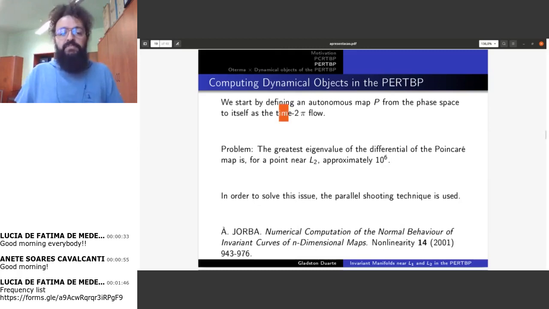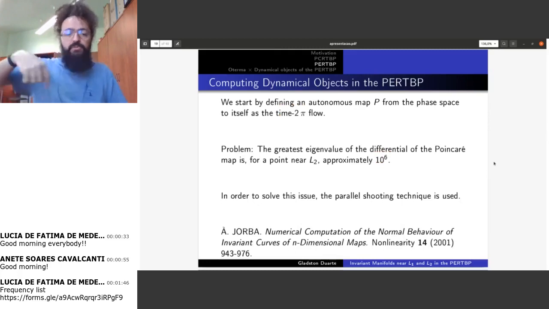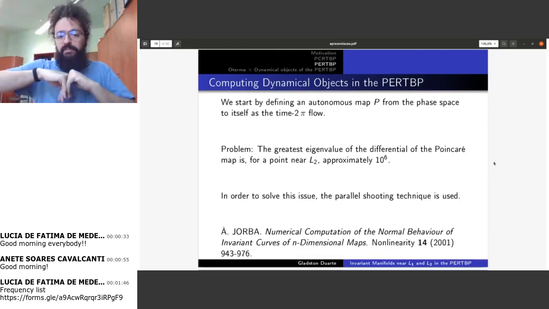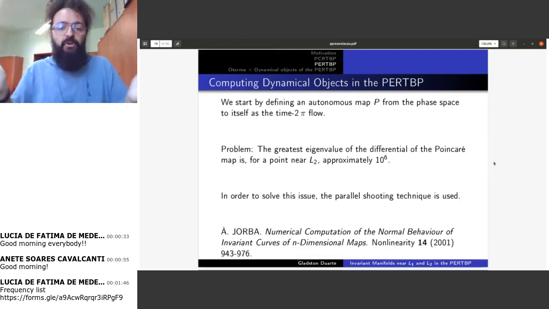For an integration time of 2 pi, one gets, for instance, for one of the orbits, the greatest eigenvalue of 10 to the 6. And that's not good, because with, say, 4 pi, we already say we computed all the objects with 10 to the minus 12.